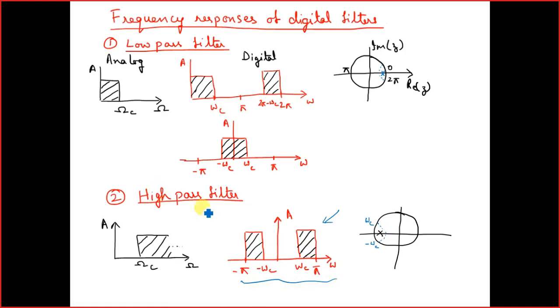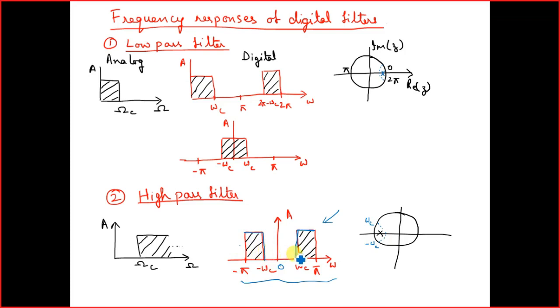If this is the original response, because we are mainly interested in the 0 to pi region, when we plot it from minus pi to pi, we have a mirror response in the negative domain also.